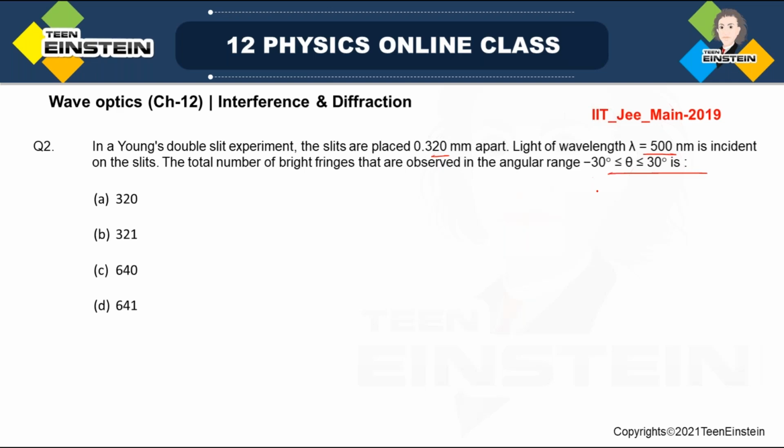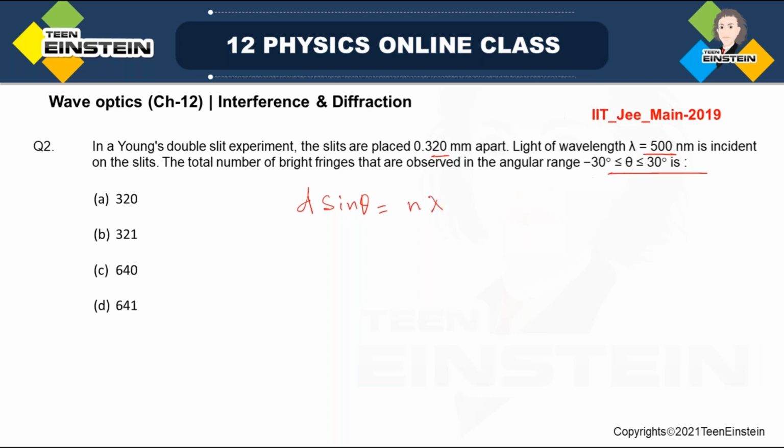To solve this problem, we know that d sine theta is equal to n lambda for a bright fringe to occur.